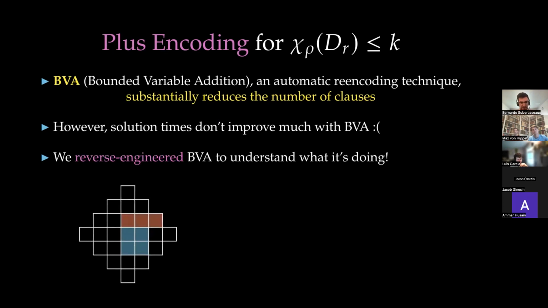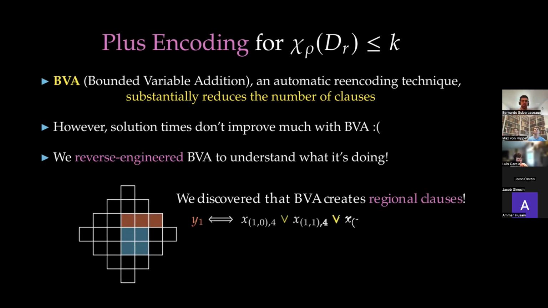We found out that BVA is introducing something that we call regional clauses. Instead of thinking of the color of a vertex, it's a way of thinking of colors of regions of a graph. It creates a new variable y1 that represents that one of those 3 vertices has color 4. So it's now a variable that represents that somebody in a particular region gets a particular color, 4 in this case.